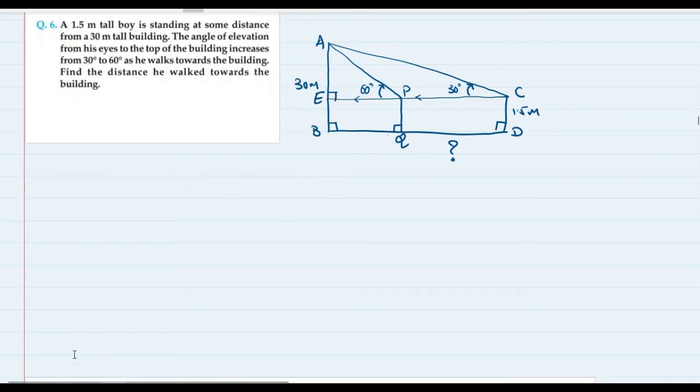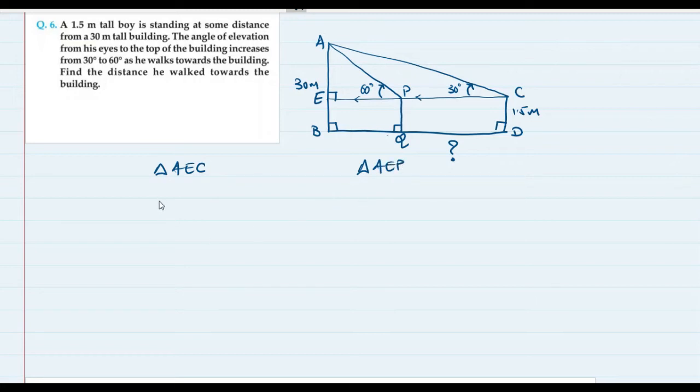In all applications of trigonometry or heights and distances questions, you need to first figure out how many right angle triangles you see. So there are two right angle triangles: triangle AEC, and the second right angle triangle is triangle AEP.